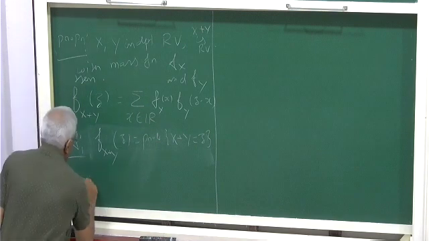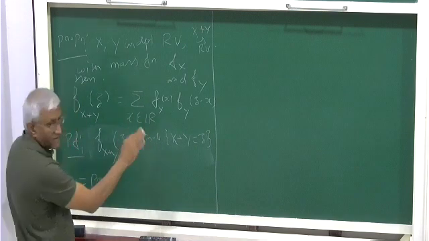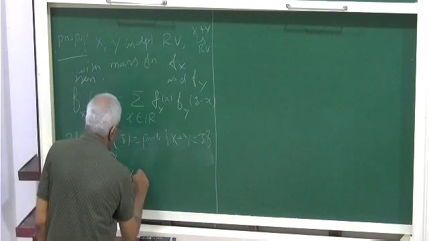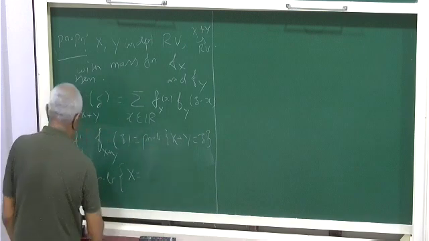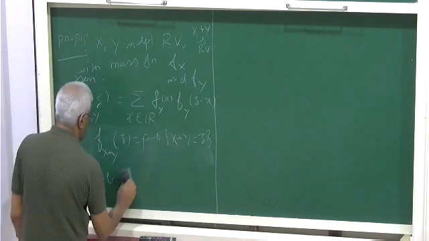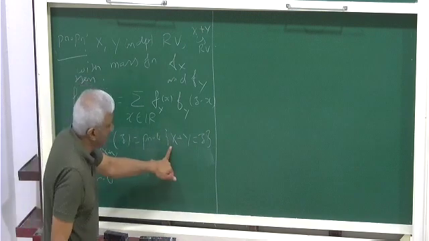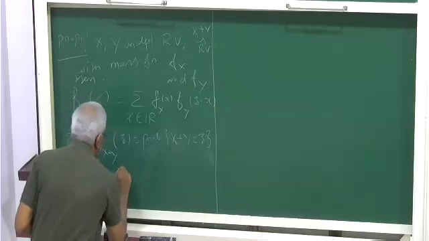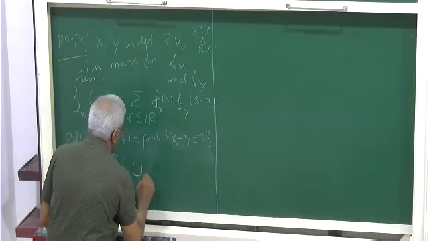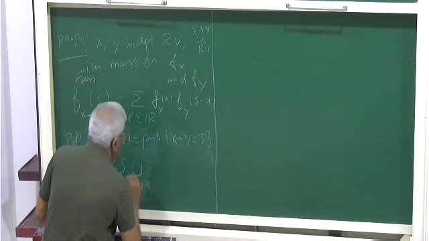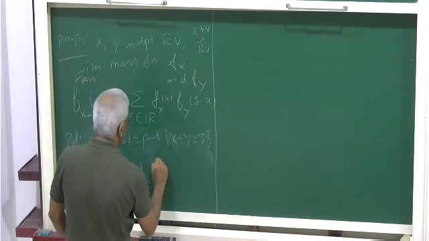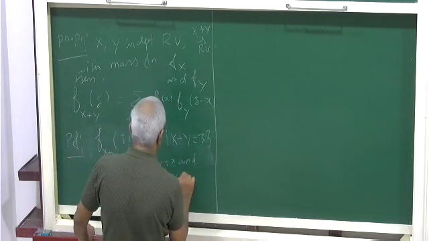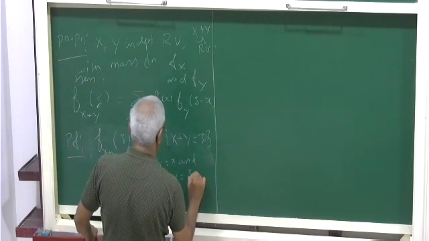This is equal to the probability, in the underlying probability space, that x takes some value and y takes some other value so that the sum is z. That is equal to the probability of the union over all x in R such that X is equal to x and Y is equal to z minus x.